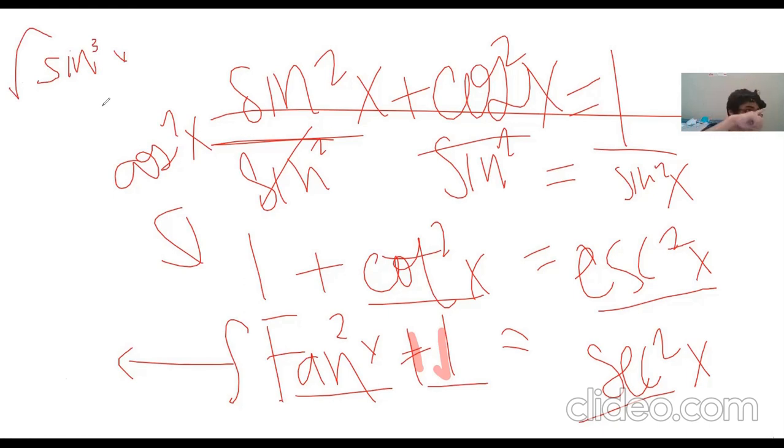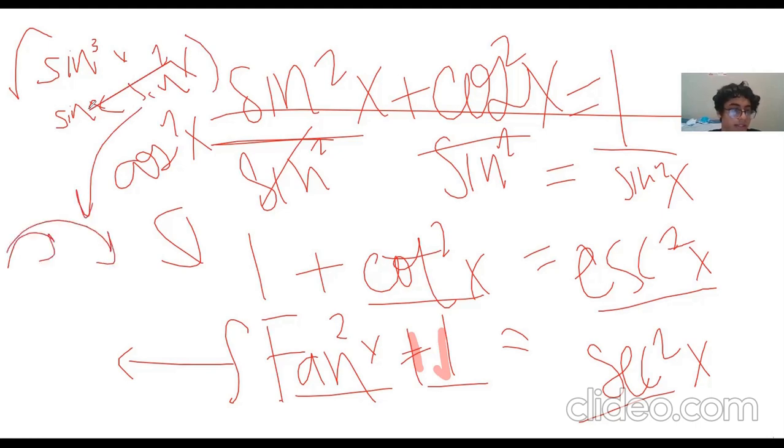So then you can rewrite this as sine x times sine squared of x. You can rewrite this as 1 minus cosine squared, and you can distribute the sine x. That sine x in the front, you can distribute that to the terms behind. And that's another trick. I'm just trying to remind you as many tricks as I can.